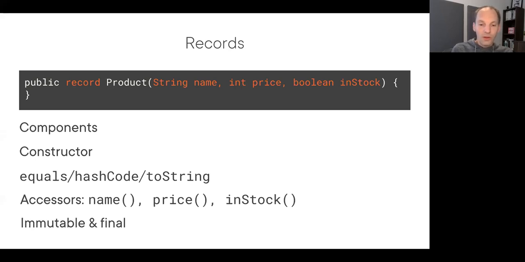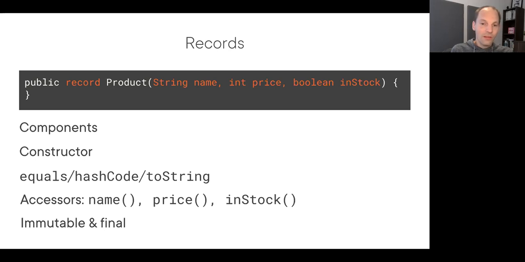Now, it should be noted that records are actually immutable data classes. So there will be no setters, there will be no mutation of the data. And again, as I said previously, most Java code bases are migrating more and more to this use of immutable data. So in that sense, it really fits with, let's say, the spirit of what is happening in Java code bases.